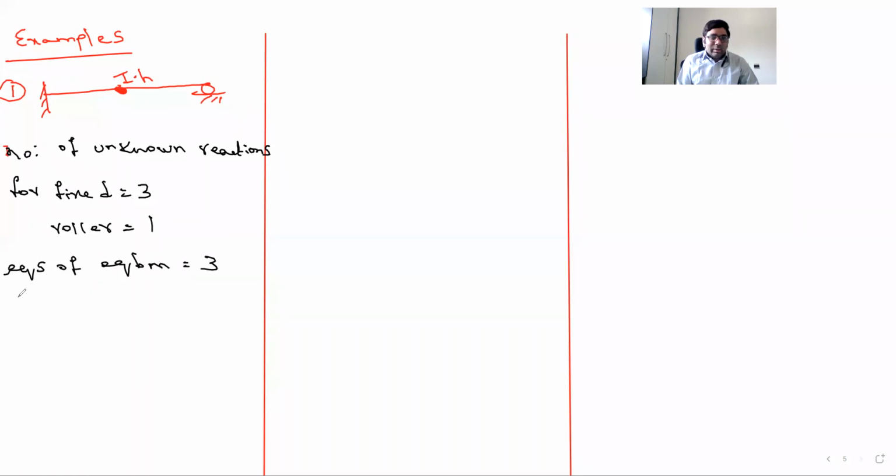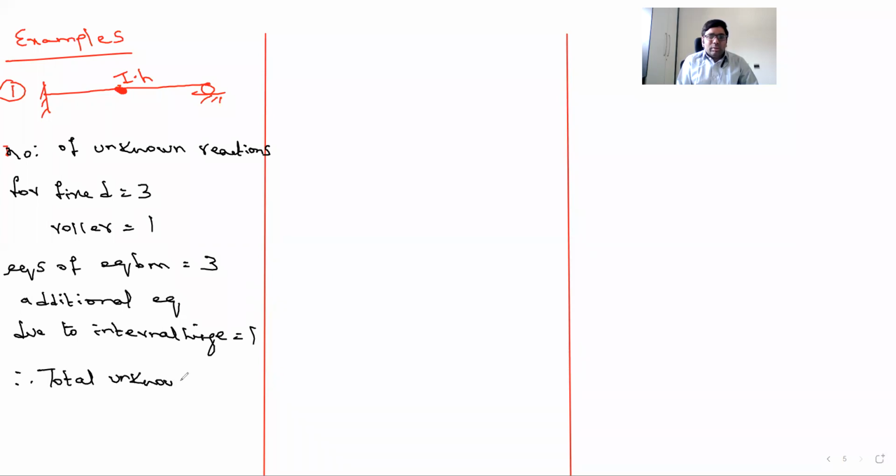Very good. Now the additional equation due to the internal hinge is equal to 1. Therefore, total unknown reactions is equal to 3 plus 1, that is 4. That is from the first part.